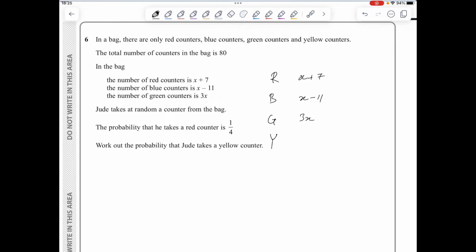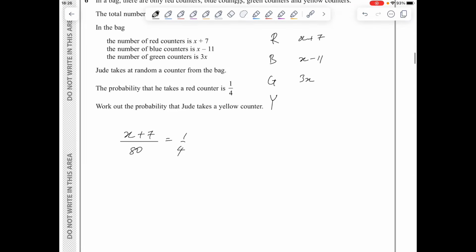The probability I take a red is a quarter, so x plus 7 over the total, which is given as 80, must be equal to a quarter. So if I cross multiply, I'll get 4x plus 28 is equal to 80. So 4x is equal to 52. x comes out to be 13.